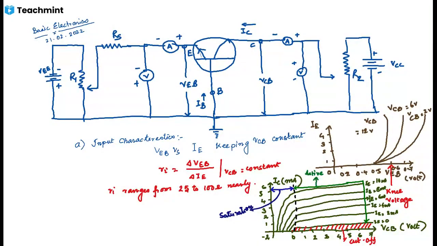With the help of the output characteristics, the dynamic output resistance R0 can be found by the expression R0 equals del VCB by del IC, with IE constant.